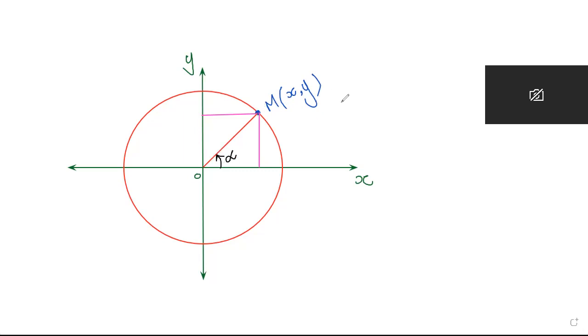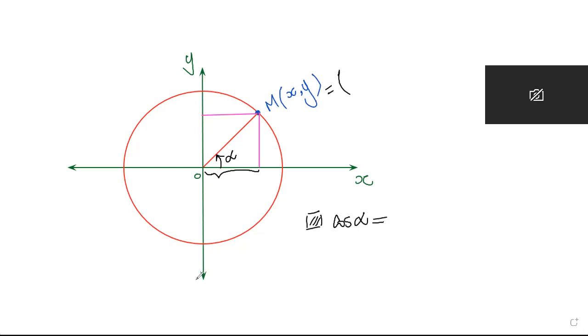How did we say that? The same point M can be written with, instead of x, the cosine of alpha, as we defined from the previous session.